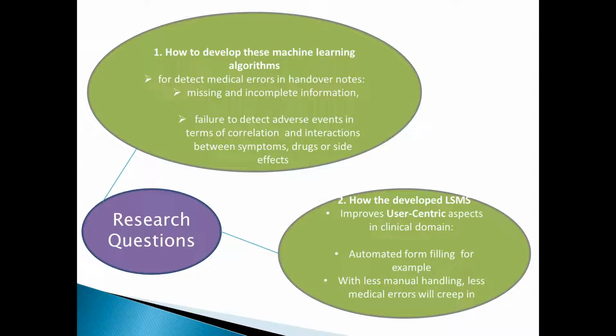And there is some hidden correlation and interaction for a particular patient in terms of the symptoms they show, the drugs they are taking at that time, or the side effects that have happened in the past. You normally have the information about one shift or the previous shift or the last time the patient was admitted in the hospital. A computer could figure out the complete history in a few seconds and tell that last time when he was admitted, one of the drugs probably had a side effect.